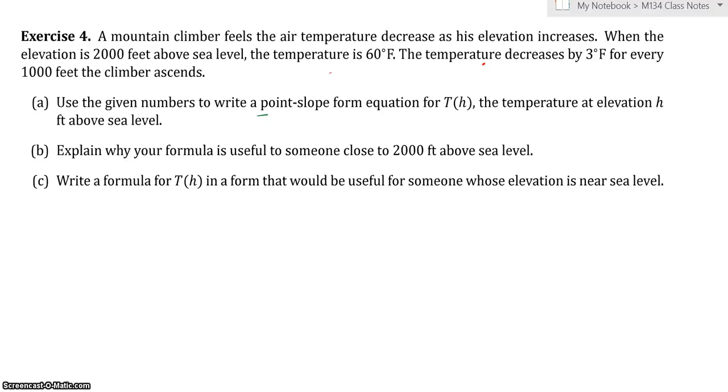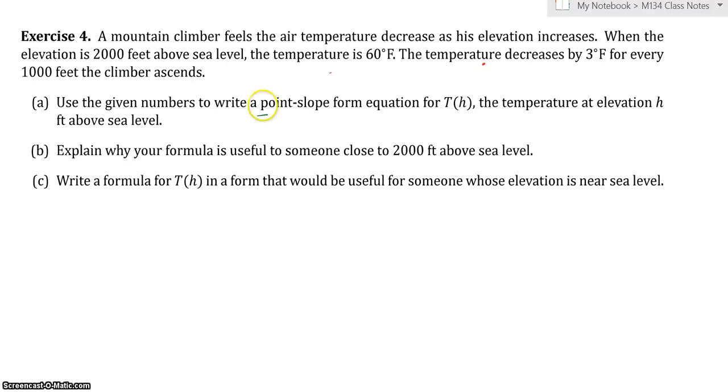A mountain climber feels the air pressure decrease as his elevation increases. When the elevation is 2,000 feet above sea level, the temperature is 60 degrees. The temperature decreases by 3 degrees for every 1,000 feet the climber ascends.